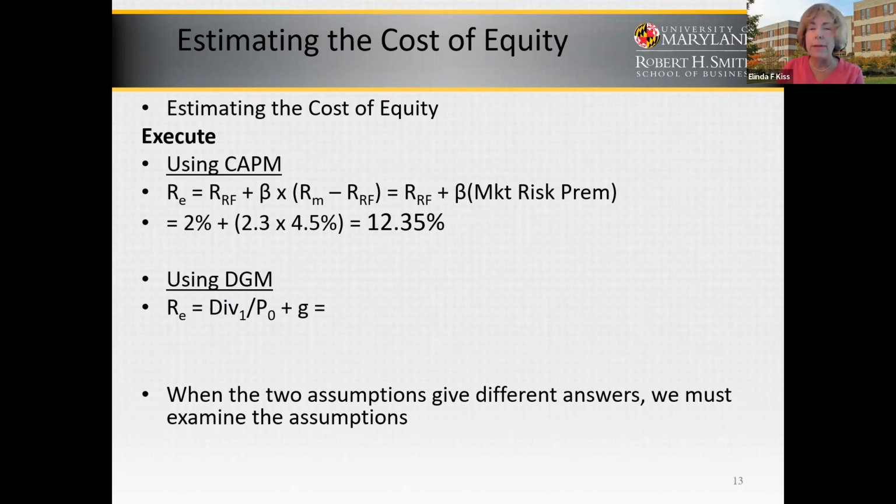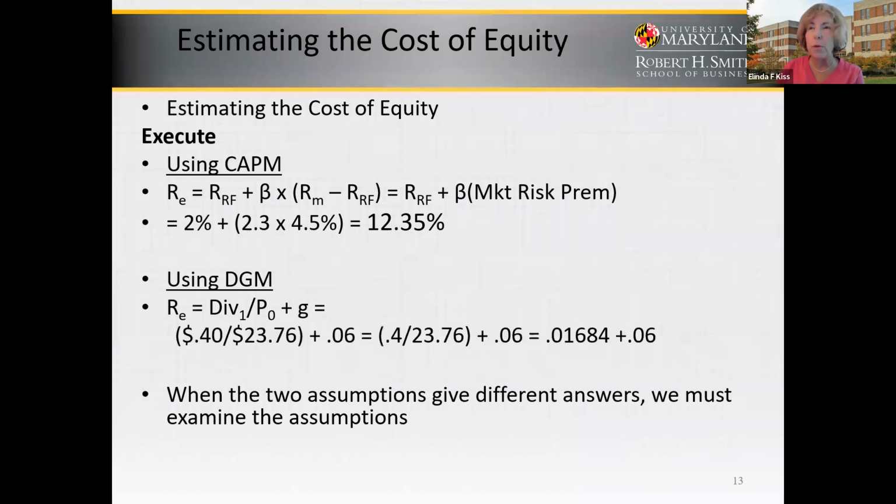We know that the dividend to be paid in 1 year is 40 cents, and we know that the growth rate is 6%. Here I'm using decimals. When we calculate this out, we get an estimate of 7.68%. So we have estimated the cost of equity using both CAPM and the dividend growth model.